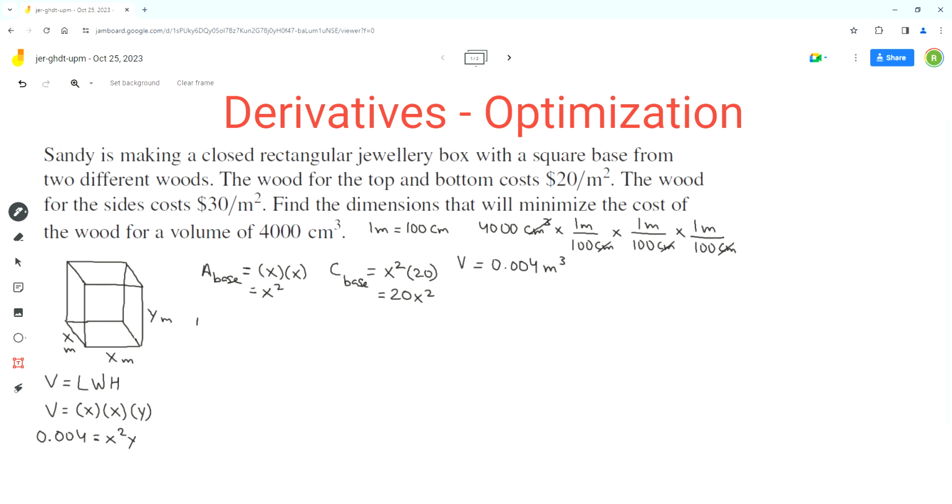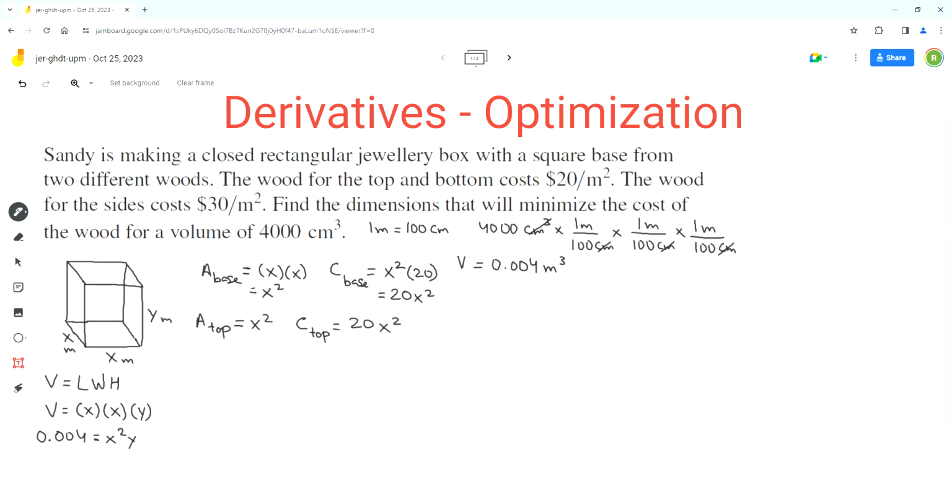Now the area of the top will be the same as the area of the base square, so the cost for the top will also be 20x squared, because the wood for the top and the bottom cost the same.